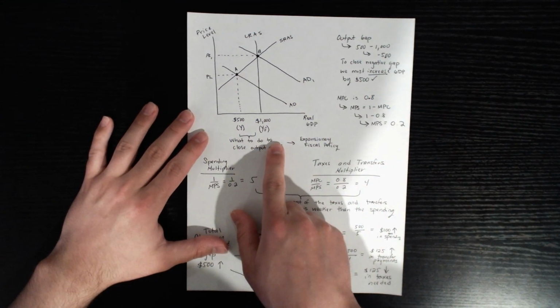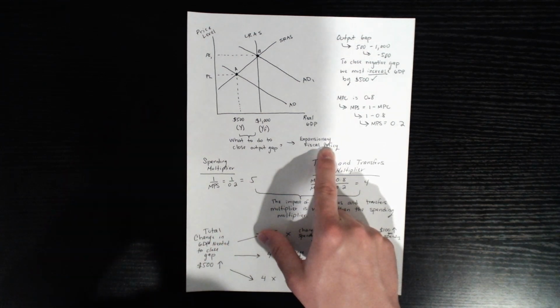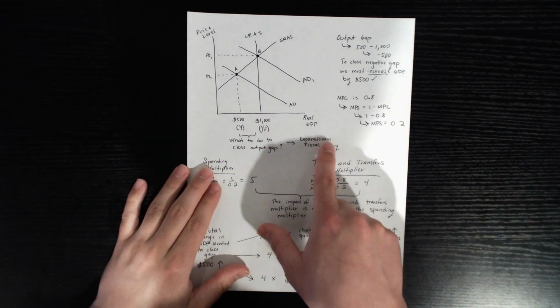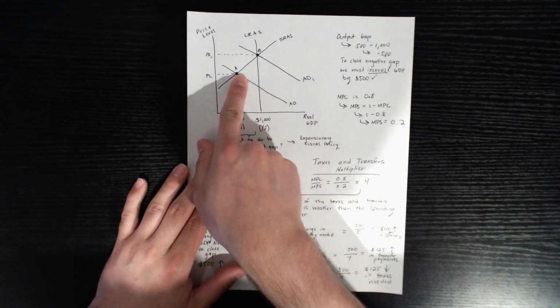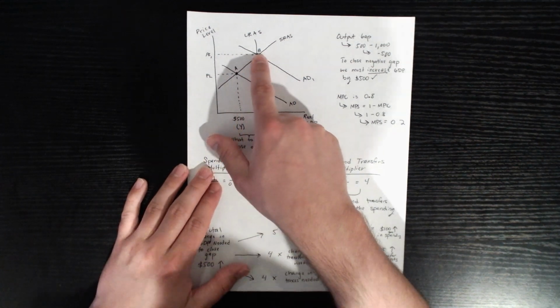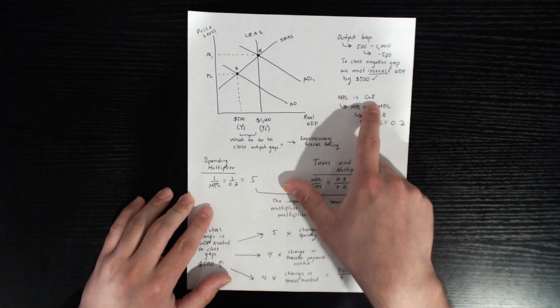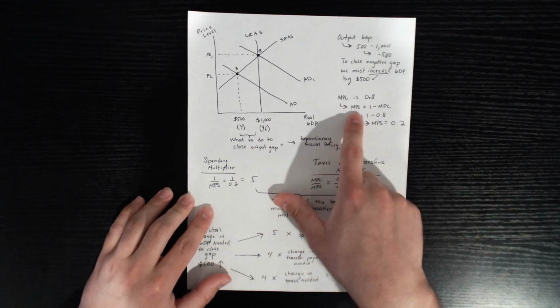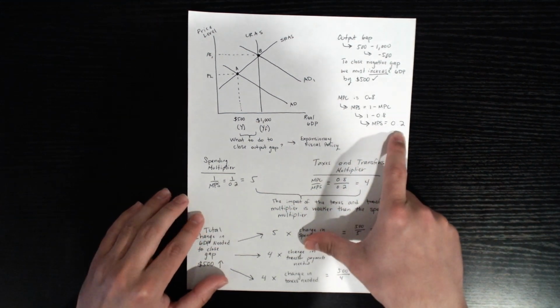To close this gap, we have to use expansionary fiscal policy. Expansionary fiscal policy is going to increase stuff that leads to increased spending in the economy and shift aggregate demand over to the right, closing the gap, bringing us to point B. Now, we also know MPC is 0.8, which means MPS must be 1 minus 0.8, which is 0.2.